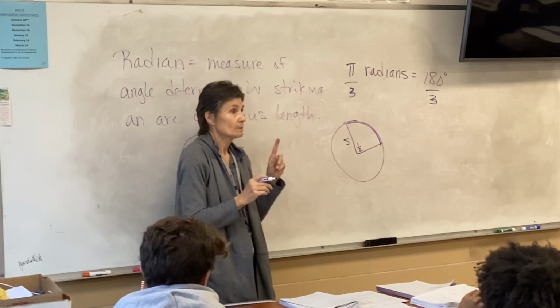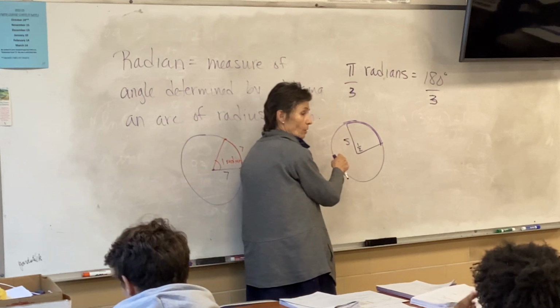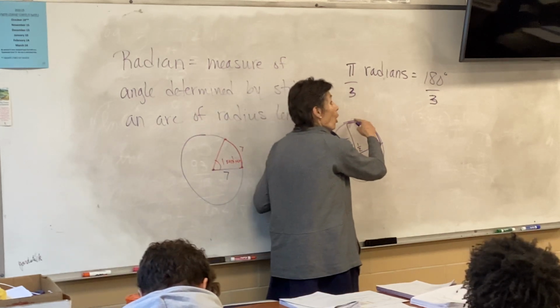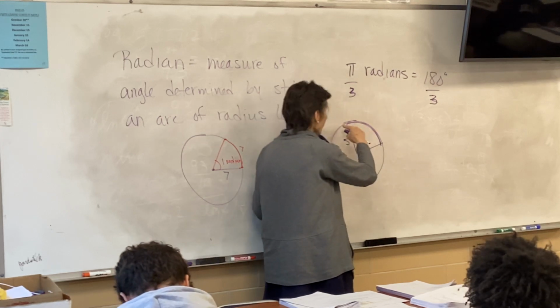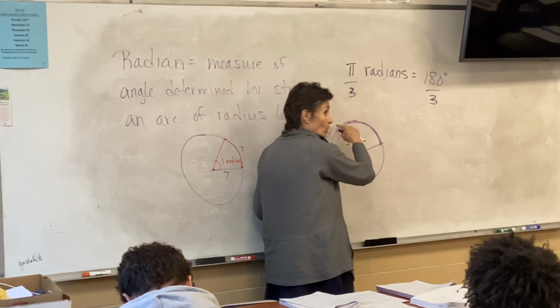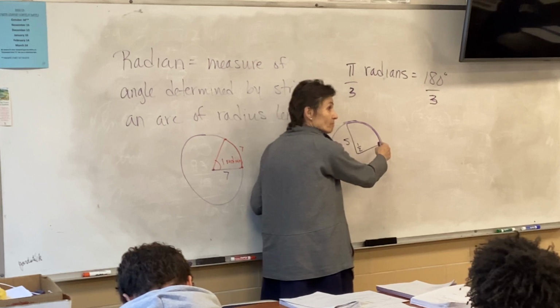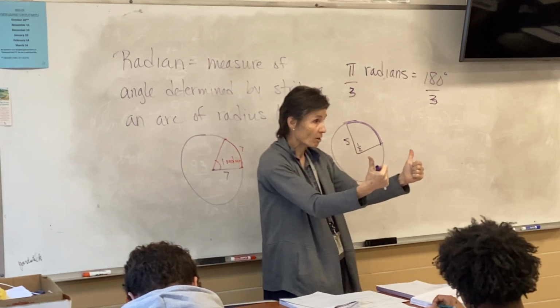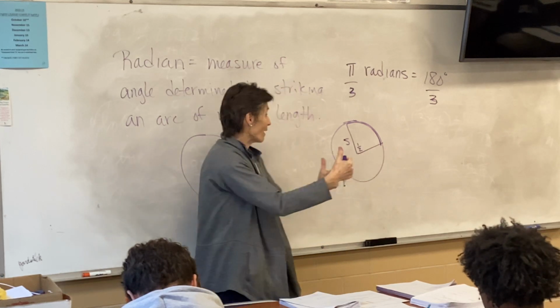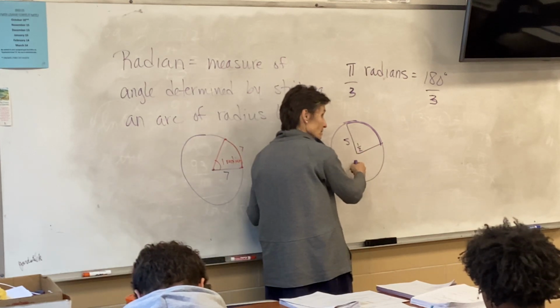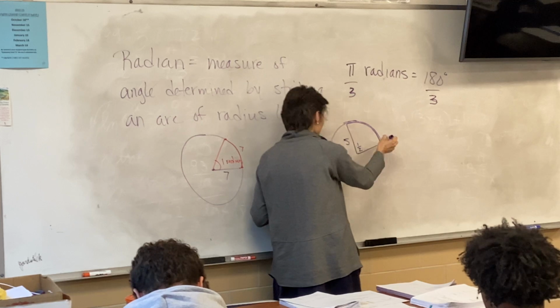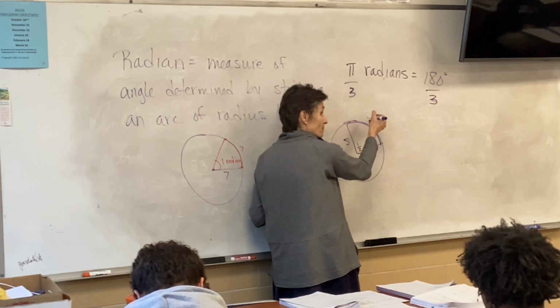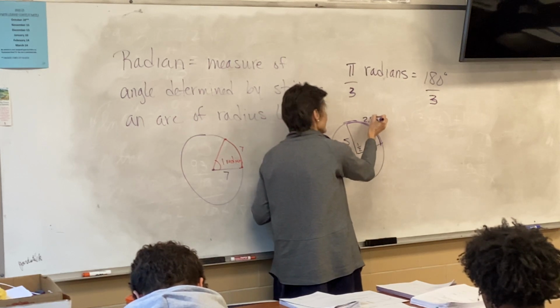Now remember that in this circle, what would a whole radian be? How long would the arc be if it were a whole radian? 5. Because remember, a radian means the radius matches the arc. So I've only got half a radian, which means that arc isn't going to be 5, that arc is going to be 2.5. Exactly.